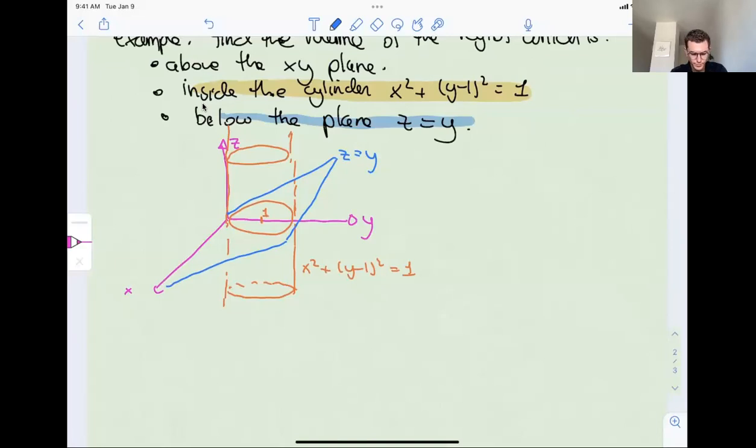Remember, that's just what you get by changing y in terms of polar, so you get z equals r sine theta, because you leave z alone. So the equation of the plane in cylindrical coordinates is just z equals r sine theta. Is that making sense?